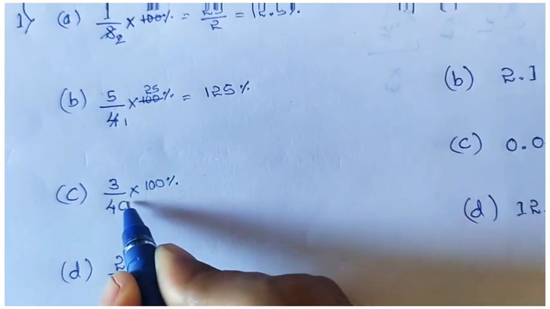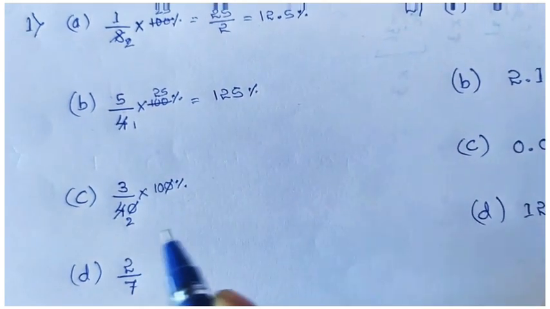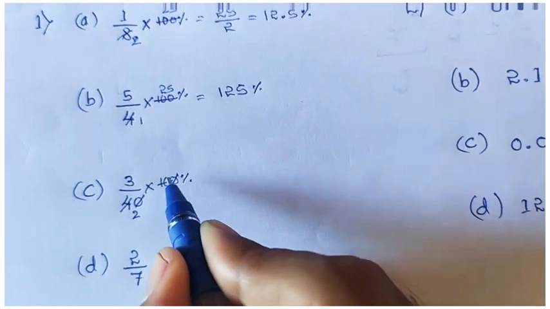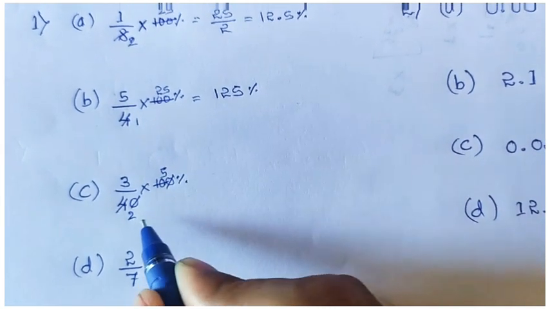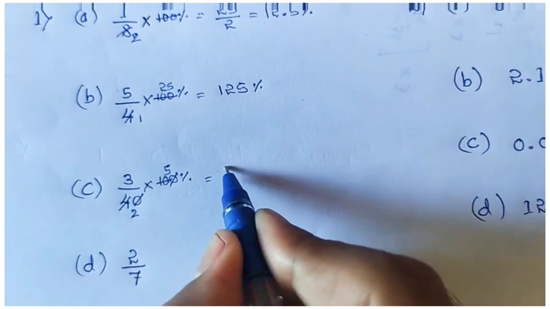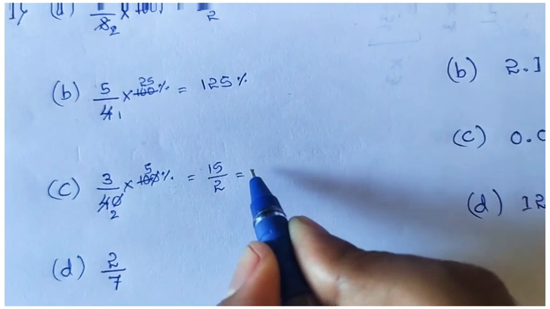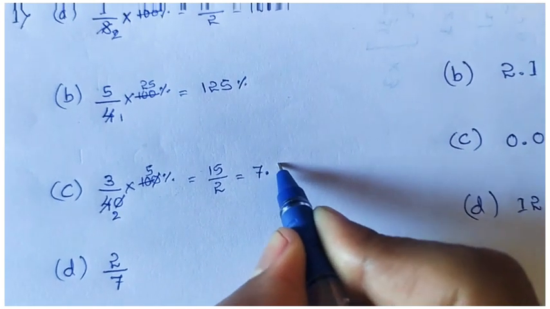So in 100%, the 0 and 0 get cancelled. 2 twos are 4, 2 fives are 10. Okay, divide the numbers by 2. So 5 threes are 15 by 2, or else you can convert it into a decimal also, that is 7.5.